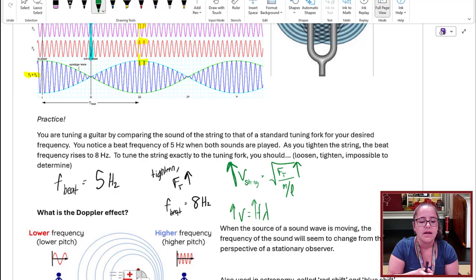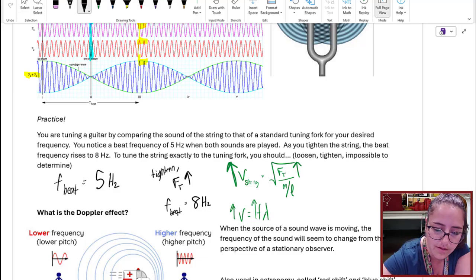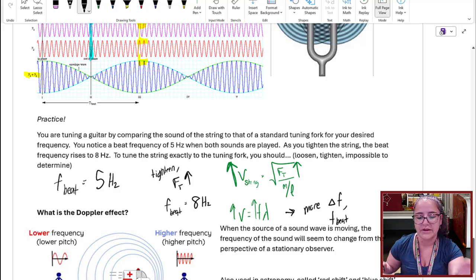Now, if increasing that frequency made the problem worse, so that it made more difference, when that frequency increased, there was more difference between the frequencies. They got farther away from each other.